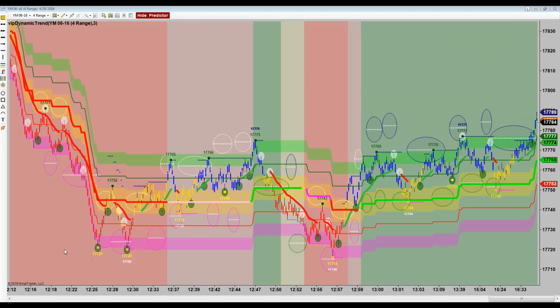Are there good boxes and bad boxes on here? And if so, can you see where they are? Examples of good and bad on the same chart.